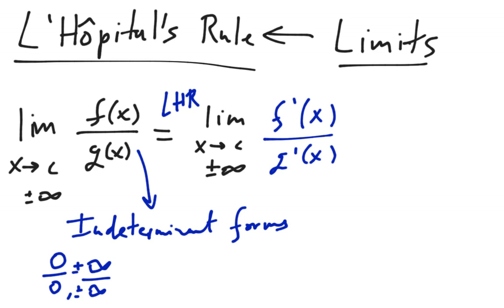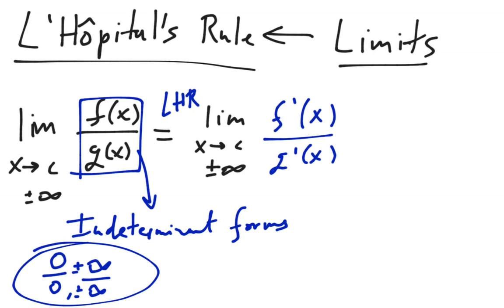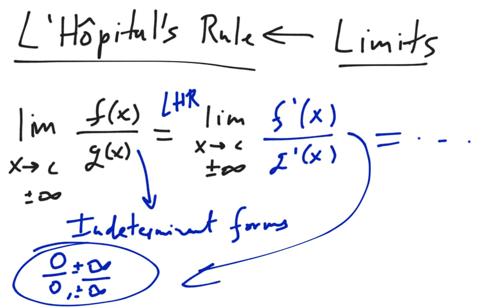Again, this only works with the indeterminate forms 0 over 0, plus or minus infinity over plus or minus infinity. Essentially, if this limit doesn't work out, we take the derivative of the top, we take the derivative of the bottom, and see if that works out. And if that might not work out, and it matches one of these forms, you can keep going until you get an answer that you like.